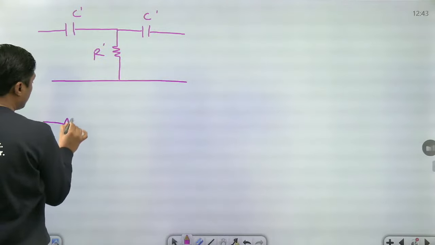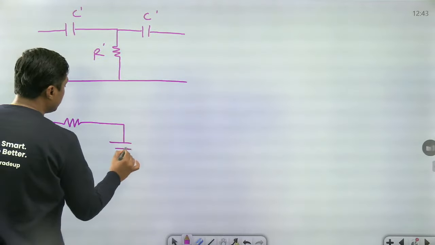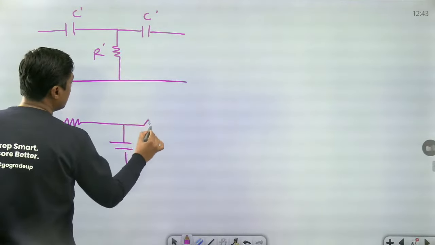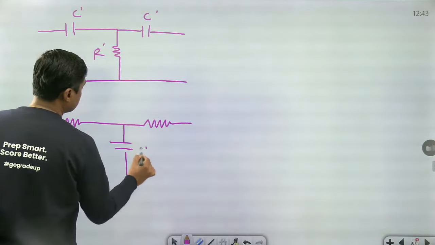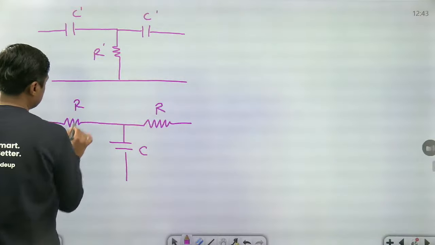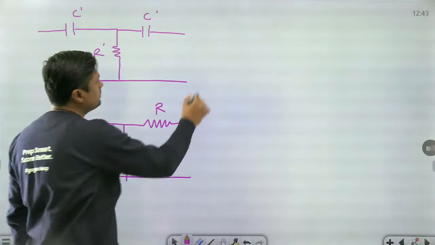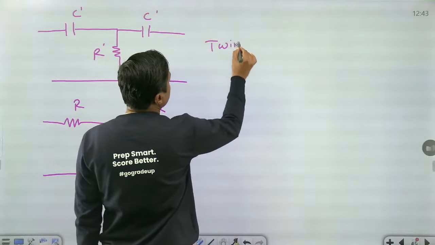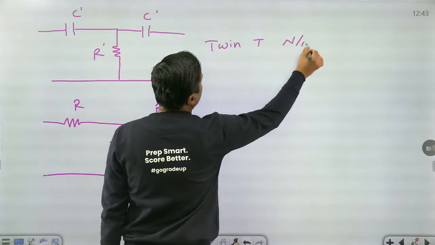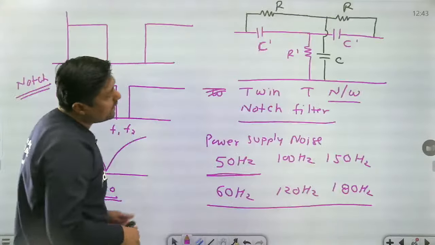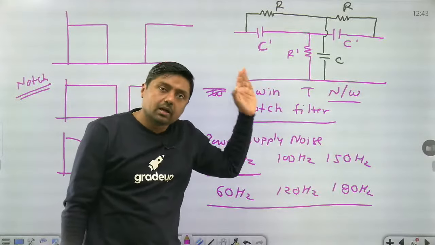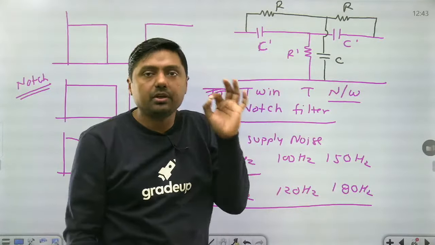And that is a low pass filter. 2T network, that is called twin T network. When we are connecting like this, it is connected in parallel. We can calculate the Y parameter of this.